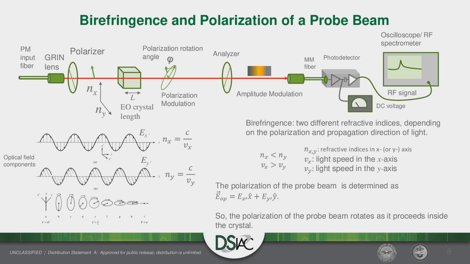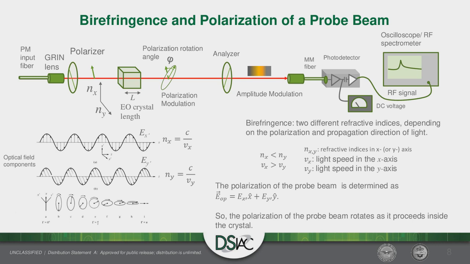So the optical field components in X and Y are equal, because the polarization is at 45 degrees. Once these X and Y components go into the crystal, there are two different refractive indices in X and Y. Because the refractive index is different, the phase velocity of this optical field will be different.